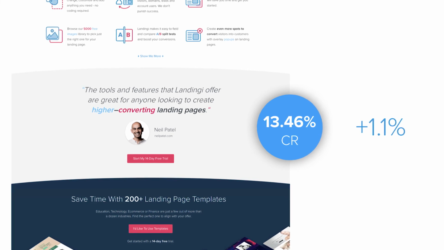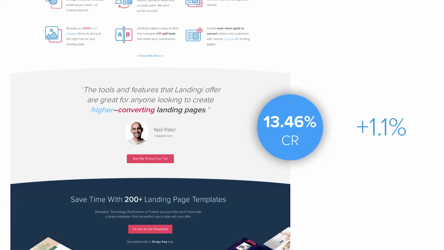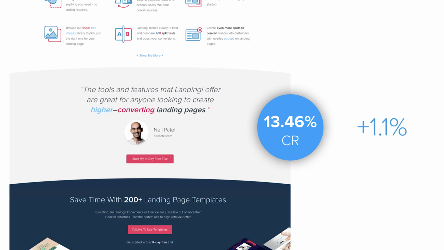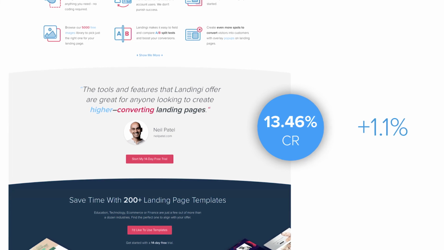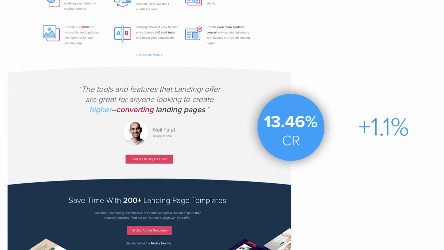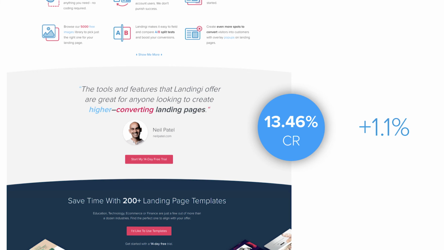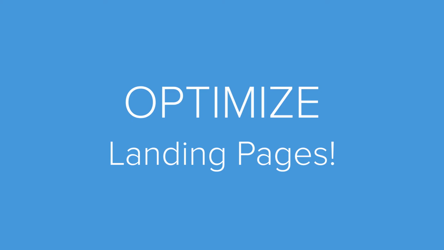It also improved our conversion rate by over 1%, which you may think is not a lot, but ultimately, if you drive hundreds or thousands or hundreds of thousands of traffic to a landing page, it means a lot at the end. So the second thing is that you should always optimize your landing pages. You can always test different variations and look for better results.